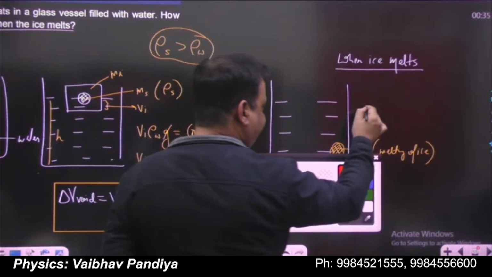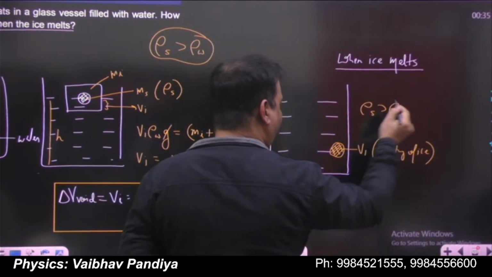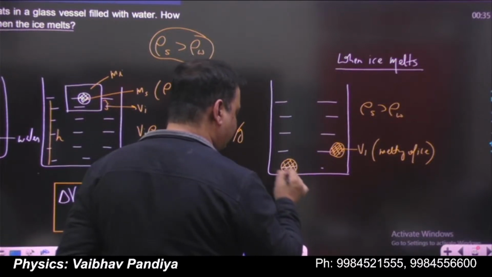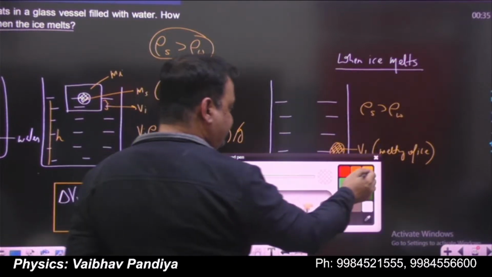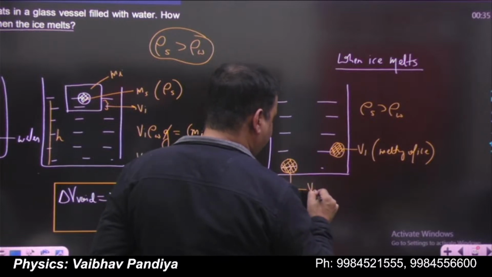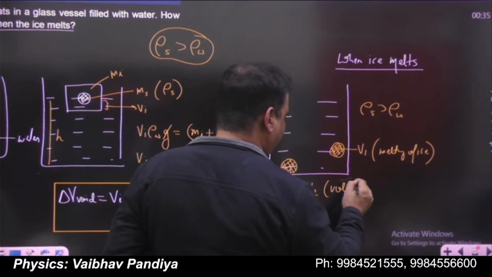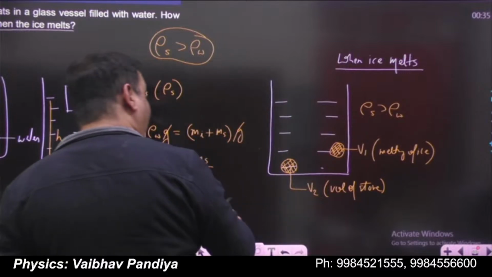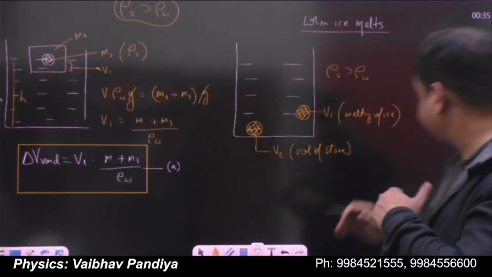And since the density of stone is greater than the density of water, the stone will sink down somewhere deep down to the bottom of the container. And say this is V2, the volume of stone, correct?